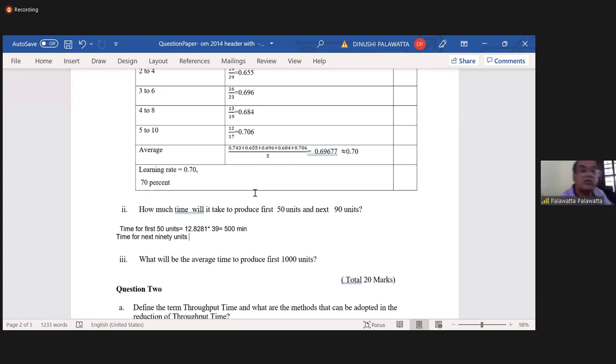So then, we need to subtract. So we have time for first 100 units minus time for first 10 units. So then you get time for the next 90 units.